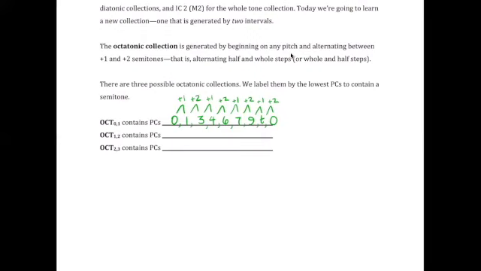So go ahead and derive the other 2 octatonic collections, Octatonic 1-2 and Octatonic 2-3, using that same pattern of +1 and +2. Okay, so hopefully we have the same answers.